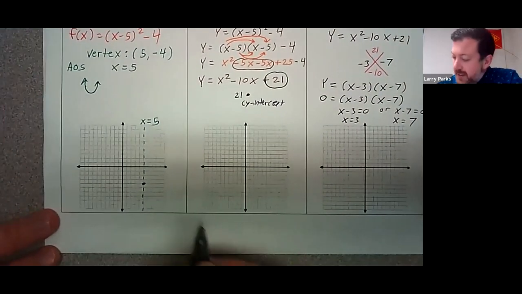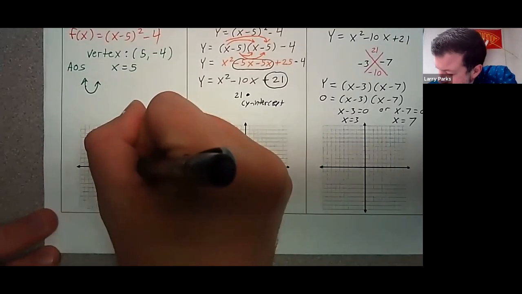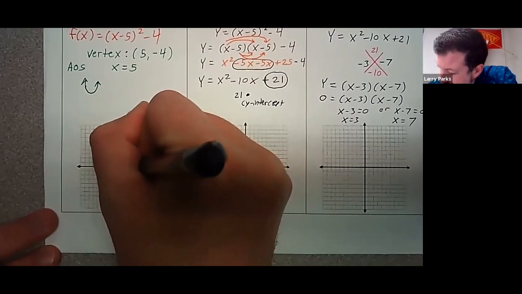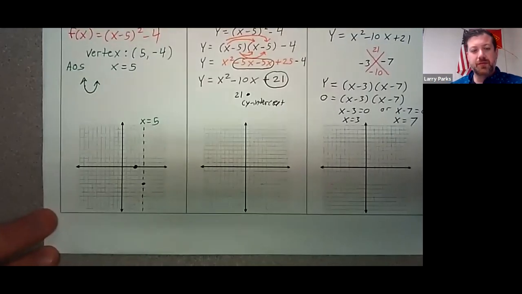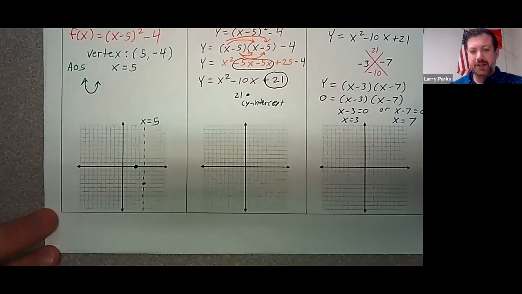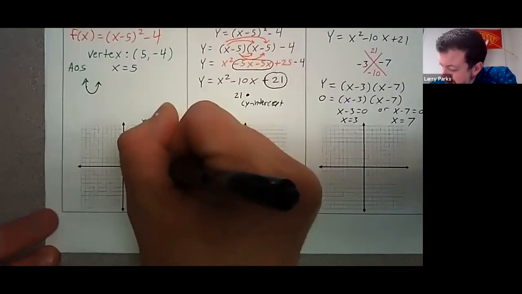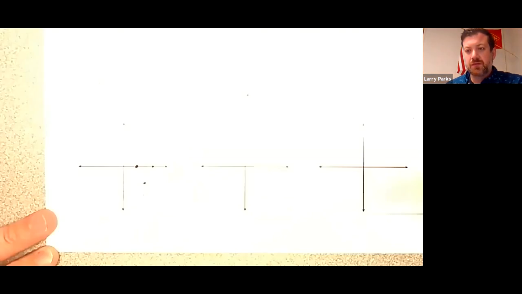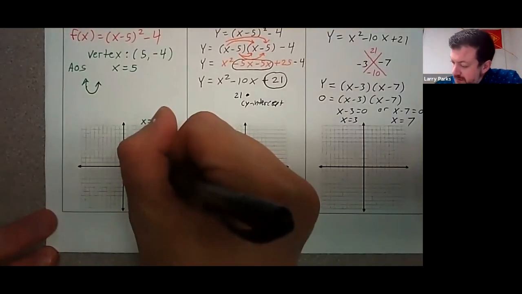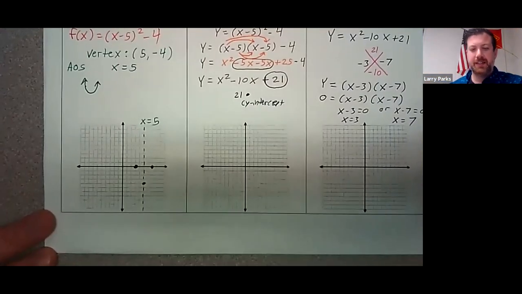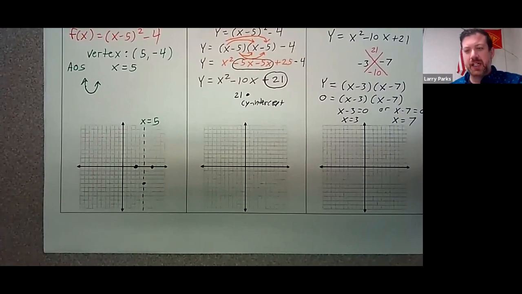So what that means is I could go to 3, and that's an x-intercept. And then I could also go to 7, and that's an x-intercept.